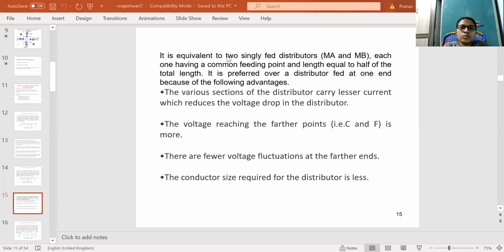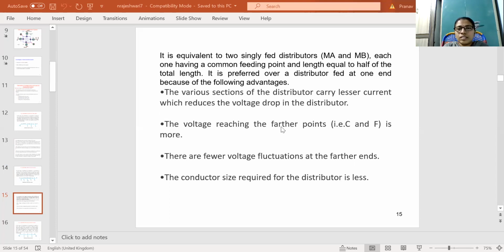It is equivalent to two singly fed distributors, that is MA and MB, each having a common feeding point and length equal to half of the total length. It is preferred over a distributor fed at one end because of the following advantages. The various sections of the distributor carry lesser current, which reduces the voltage drop in the distributor.